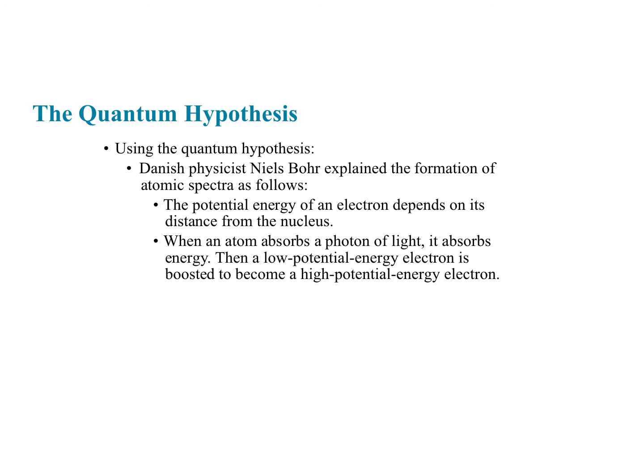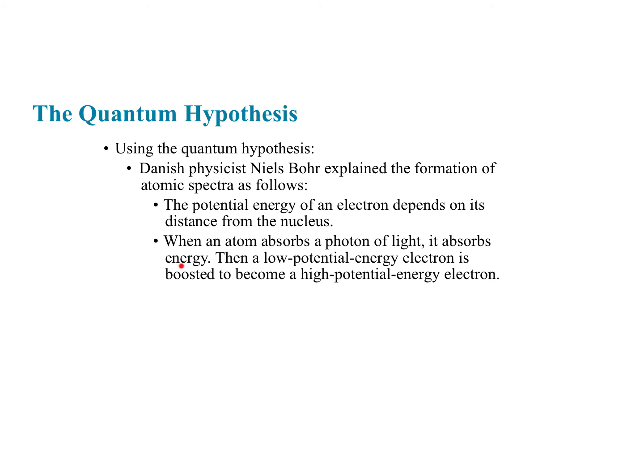Now, what Bohr said was that the potential energy that the electron has depends on its distance from the nucleus. And so if it jumps to a higher shell, it's farther away from the nucleus and it has more potential energy.